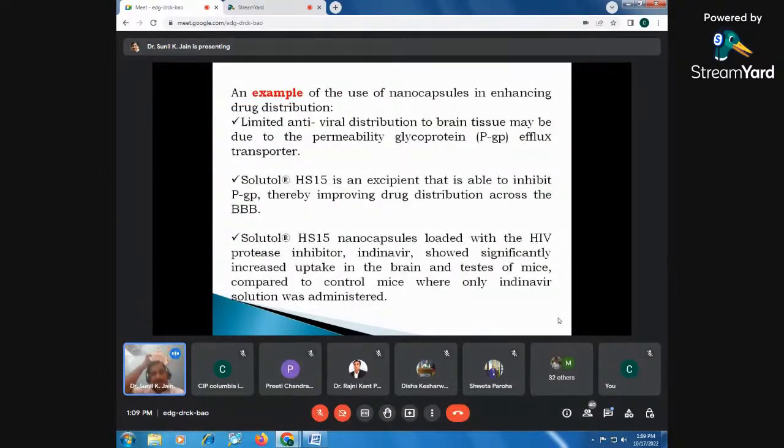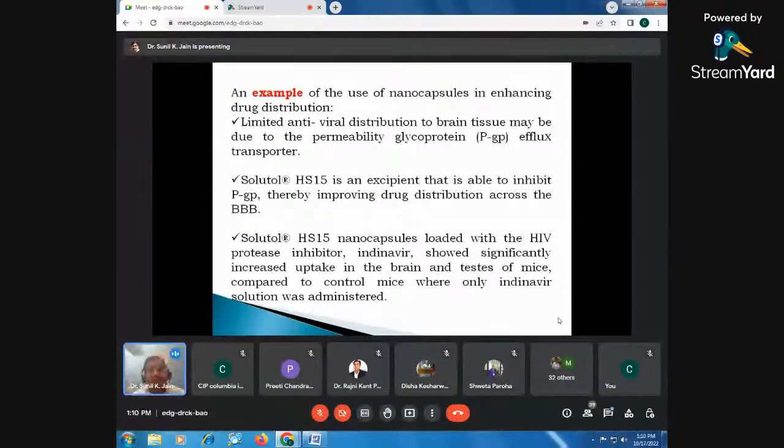Now, one example I took from research papers is the use of nanocapsules. What is the problem? Limited antiviral distribution to brain tissue, maybe due to the permeability glycoprotein efflux transporter. It was found that Solutol HS15 is an excipient able to inhibit P-gp, thereby improving drug distribution across the blood-brain barrier.